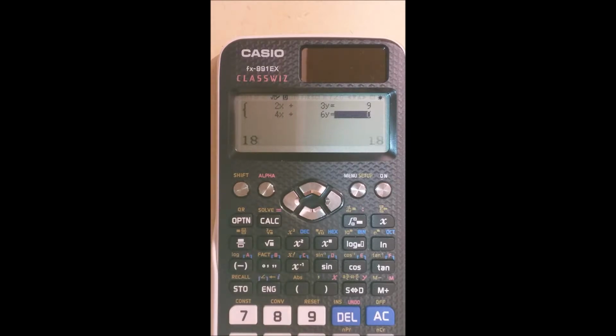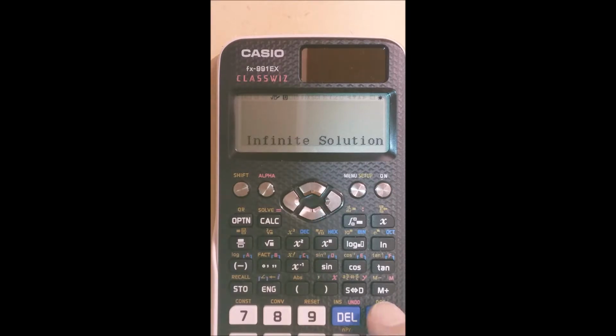Now, you may recognize that you could divide the second equation by 2 and end up with the same one, which means there's an infinite number of solutions because the lines lie on top of each other. And that's the answer it gives.